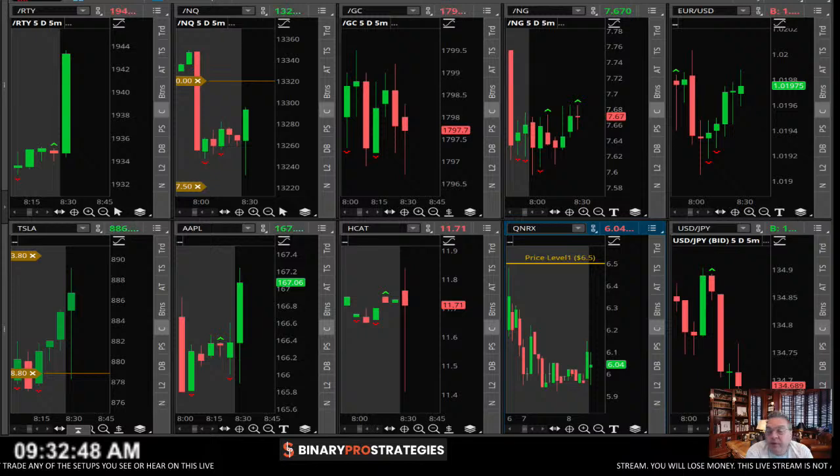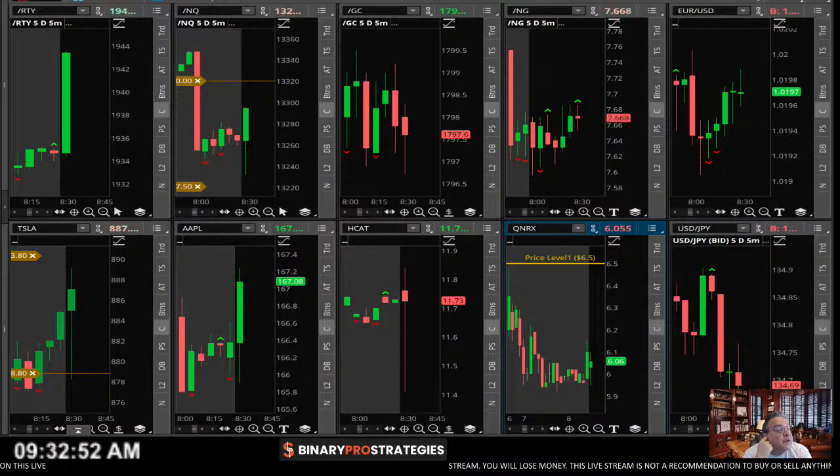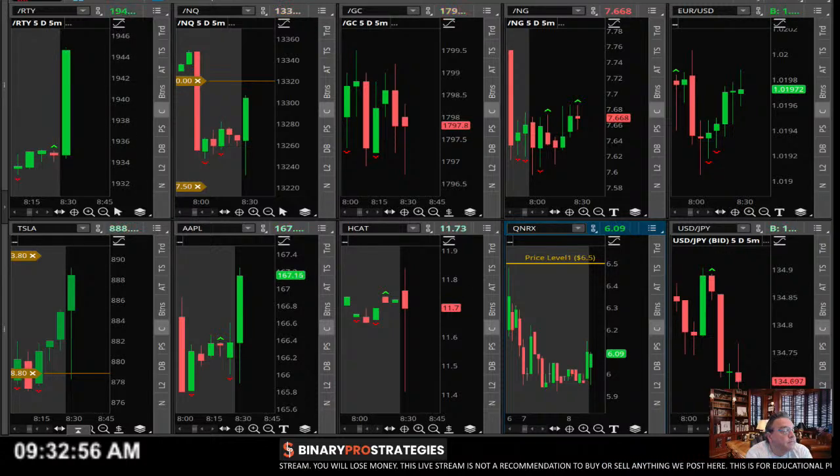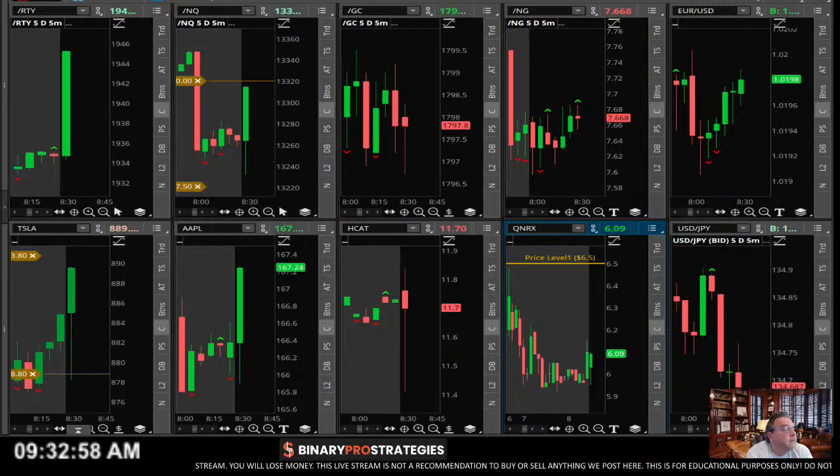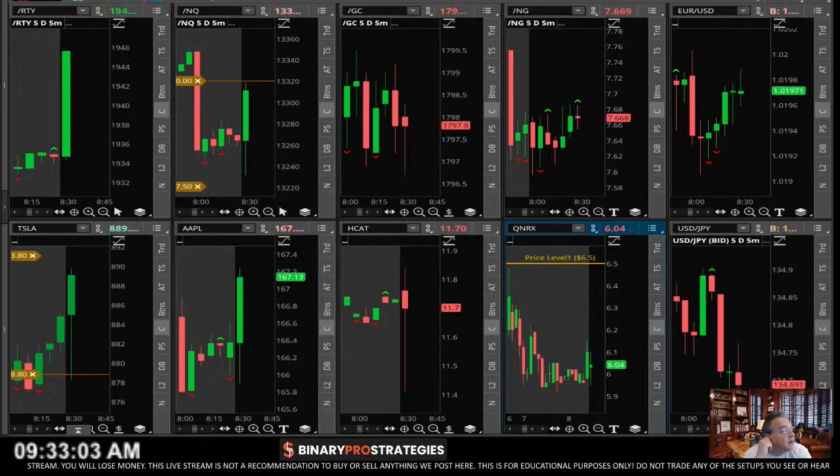Got the Dow up 200 right now. Still short our mini NASDAQ. Reversal is going to be 133.20. It's going to be an HF1 buy, which would be a nice strong buy.